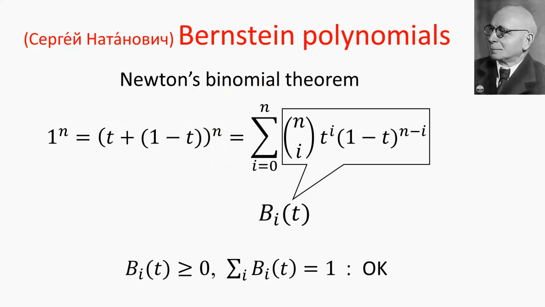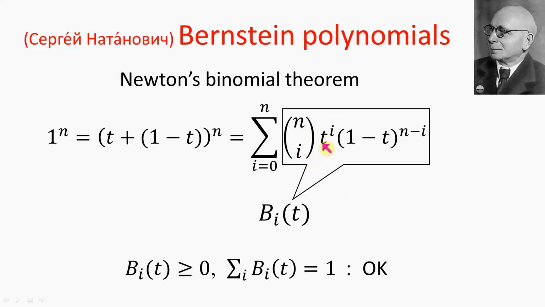According to Newton's binomial theorem, this is equal to the following expression, where the terms of the expression are just the Bernstein polynomials. From this definition, it is easy to see that the Bernstein polynomials meet the two requirements. On the one hand, Bernstein polynomials are always non-negative if t is in the unit interval from 0 to 1, because n choose i is non-negative.